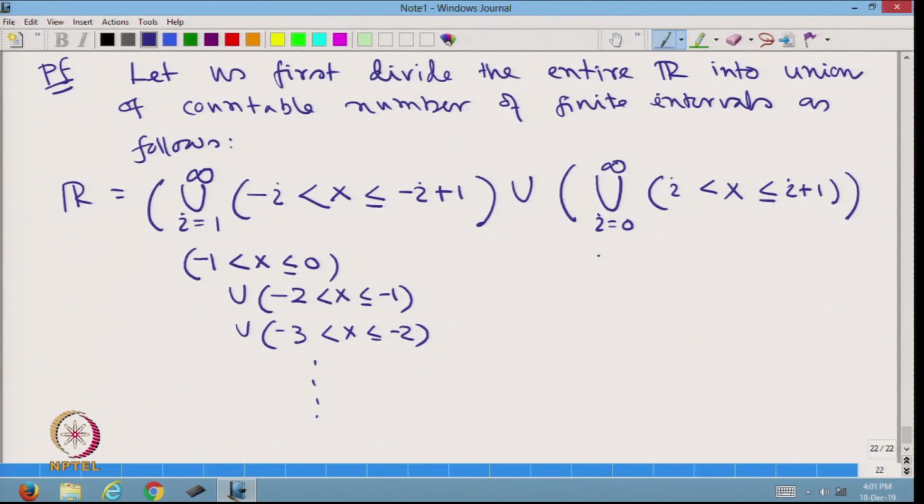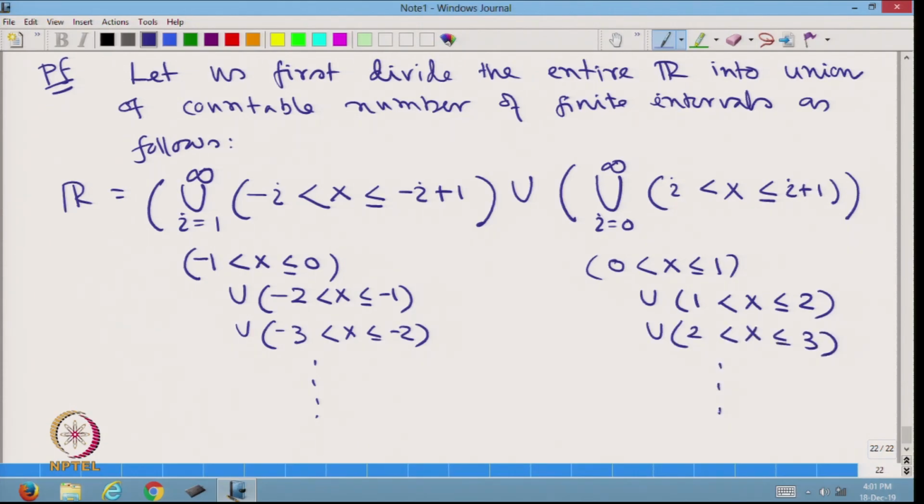Similarly, on the positive side, when i is equal to 0, we get 0 less than x less than or equal to 1, union, when i is equal to 1, it is 1 less than x less than or equal to 2, union 2 less than x less than or equal to 3. Like that, on the positive side, however large this number is, it is going to be a part of one of these intervals.